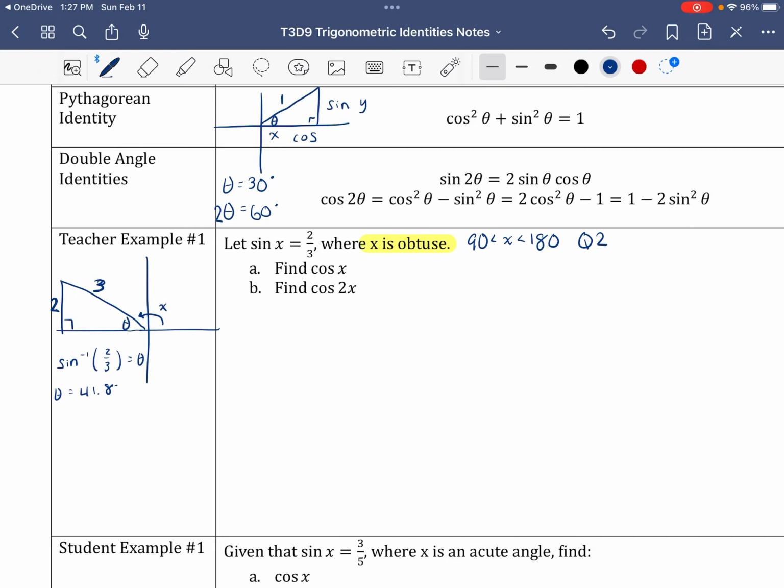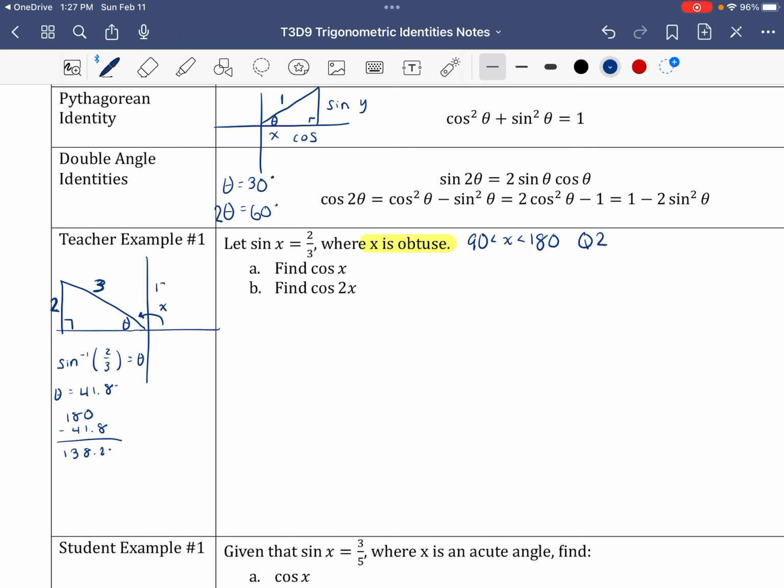Okay, just so we get an idea of what we're talking about, right? So then from 180, I can subtract 41.8 and end up with what is 138.2. Let me double check. 41.8, yeah, 138.2 degrees.